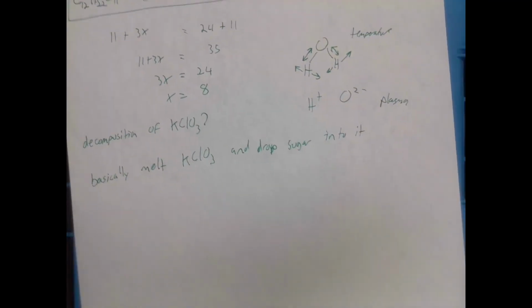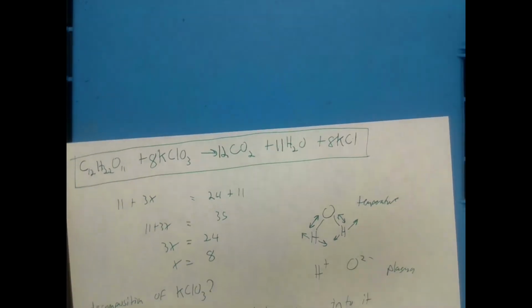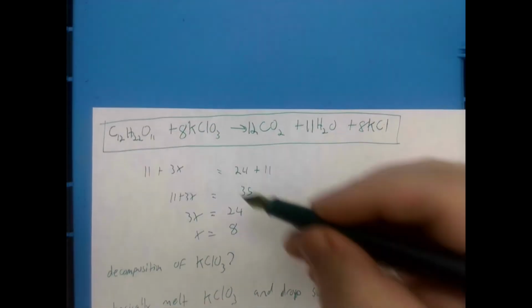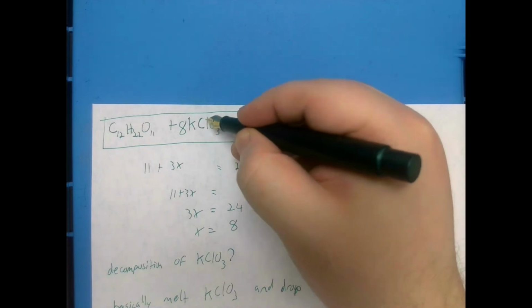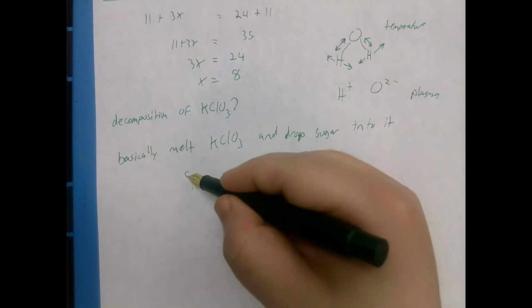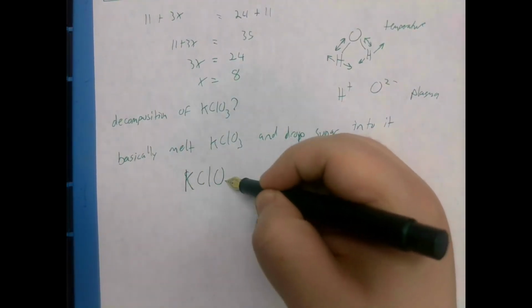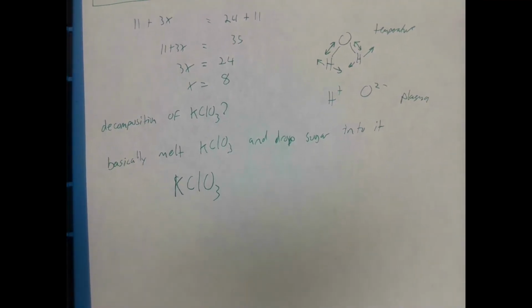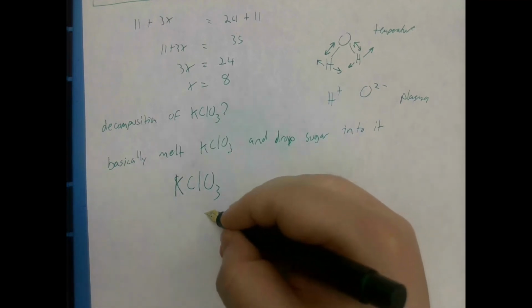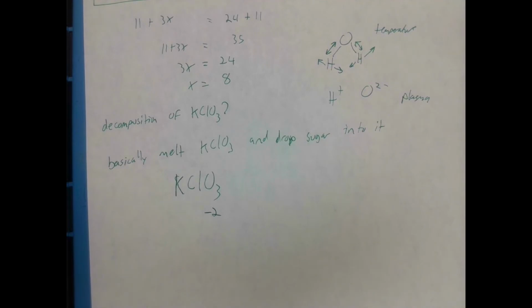Let's analyze this one. We have potassium chlorate. What is the oxidation number of the chlorine? So what is the rule? Oxygen is always -2.